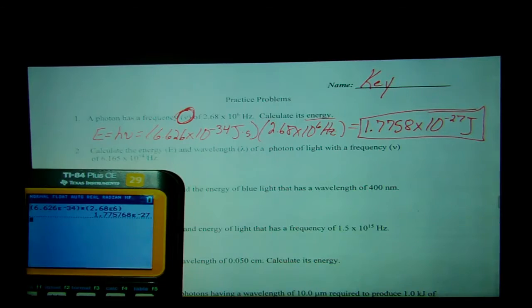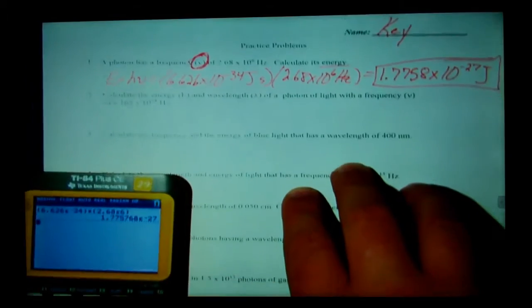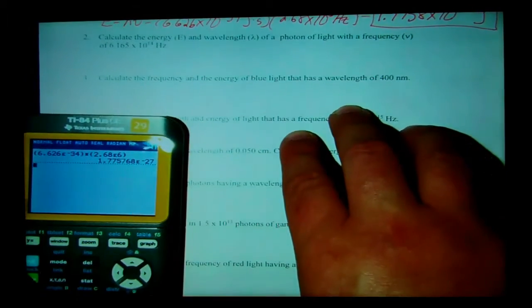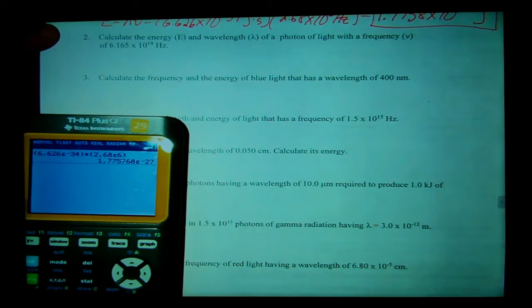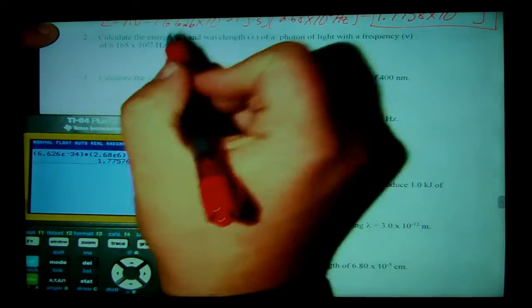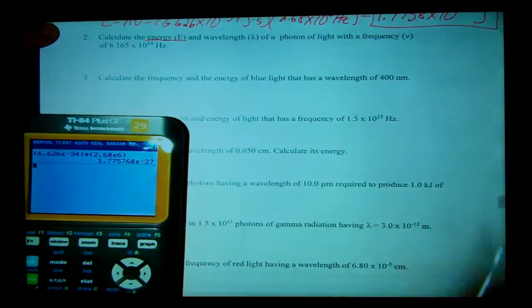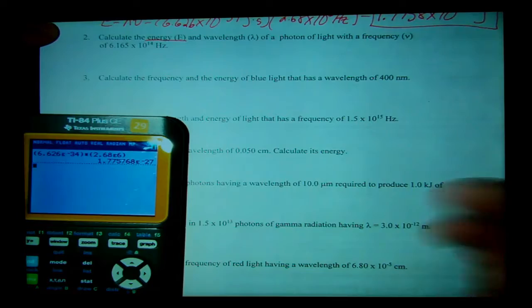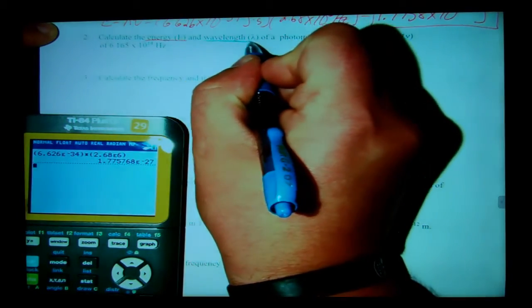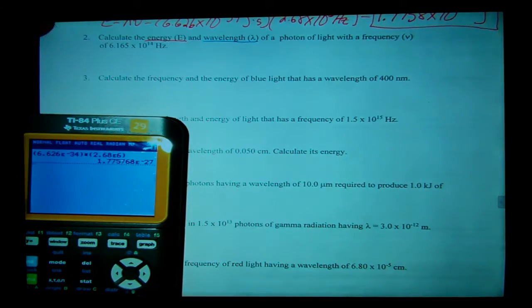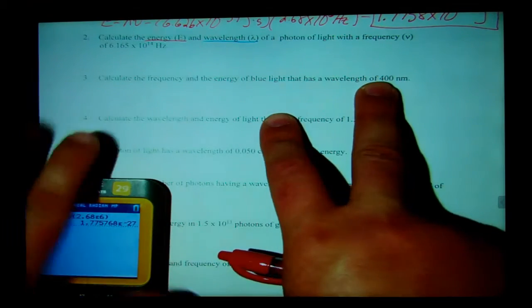Alright, from here, moving on. We're looking at calculating the energy and wavelength of a photon of light with a frequency of 6.165 times 10 to the 14th hertz. I'm going to do energy in red and wavelength in blue. Do the easiest one first, in my opinion.